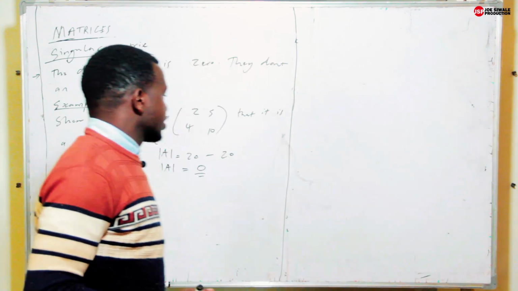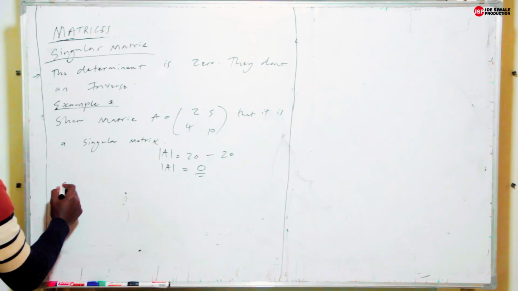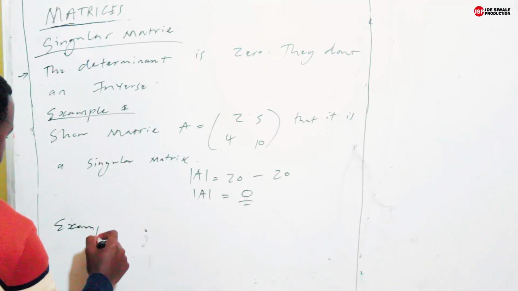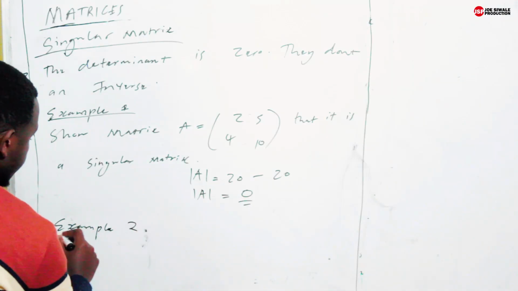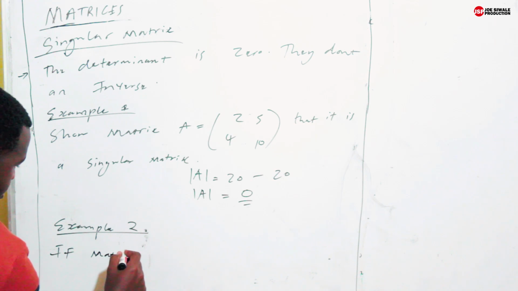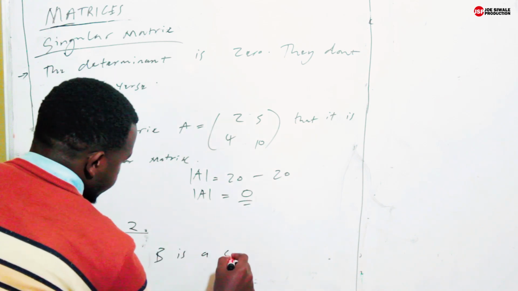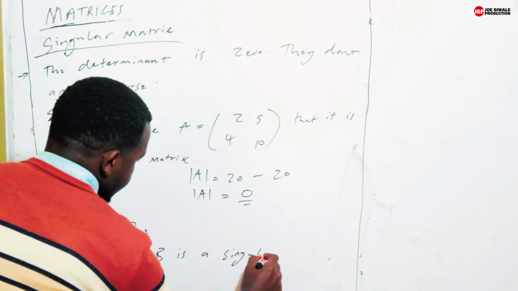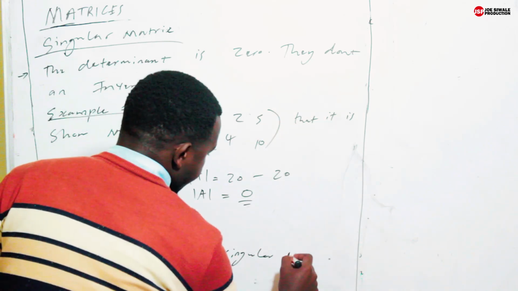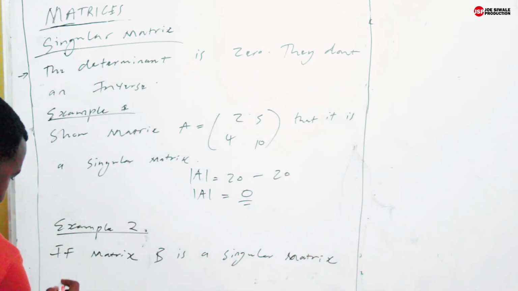Let us look at another example. So example 2. So if matrix B is a singular matrix, and matrix B is given in this form.